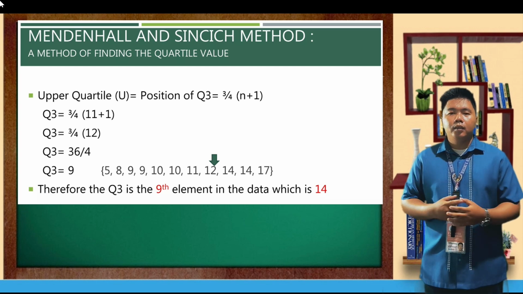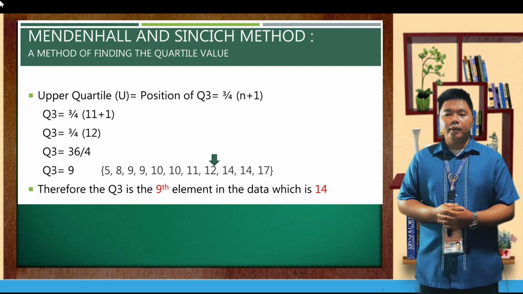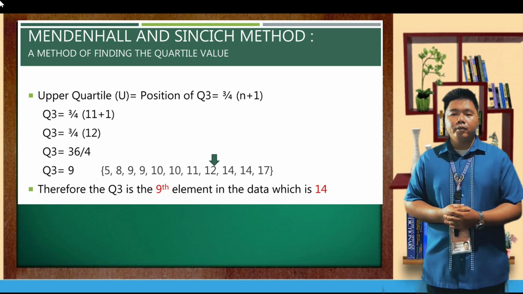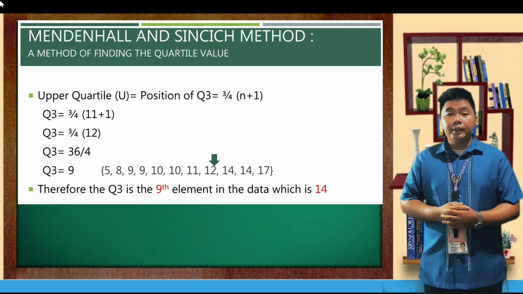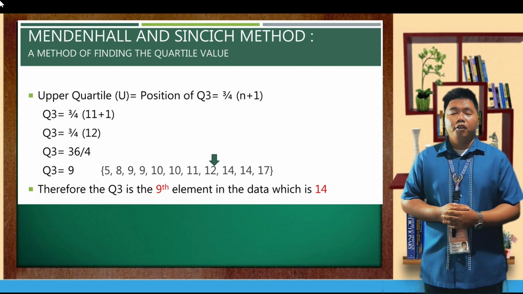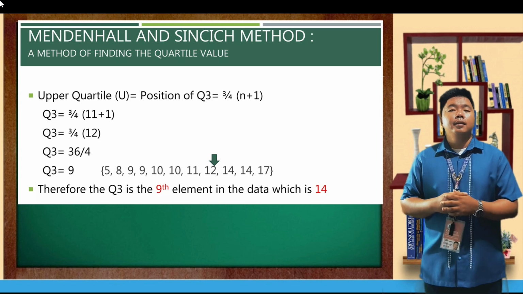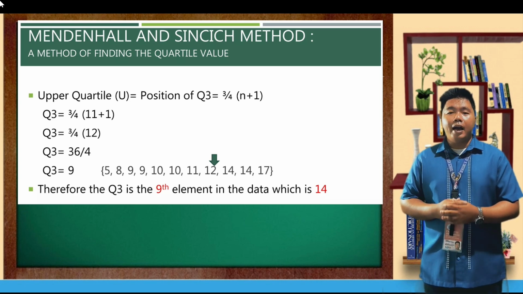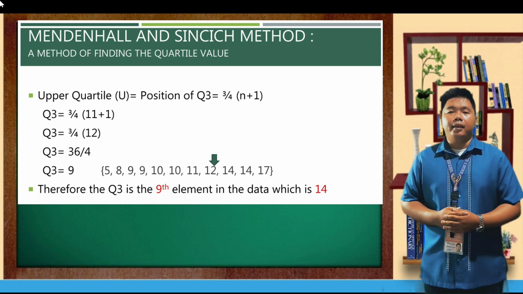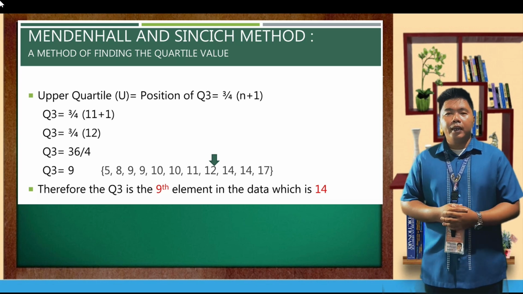So next, after multiplying that, 3 over 4 times 12 is equal to 36 over 4. If we are going to divide 36 and 4, the answer will be 9. So Q sub 3 is at the 9th position.